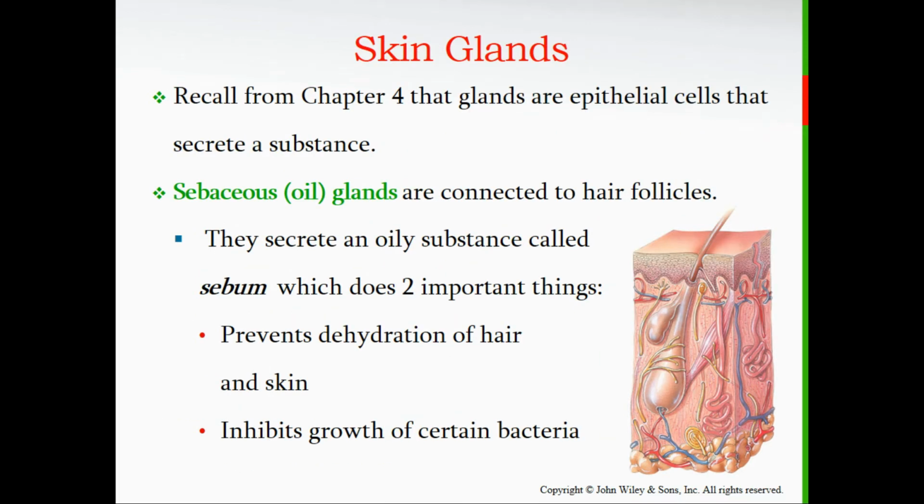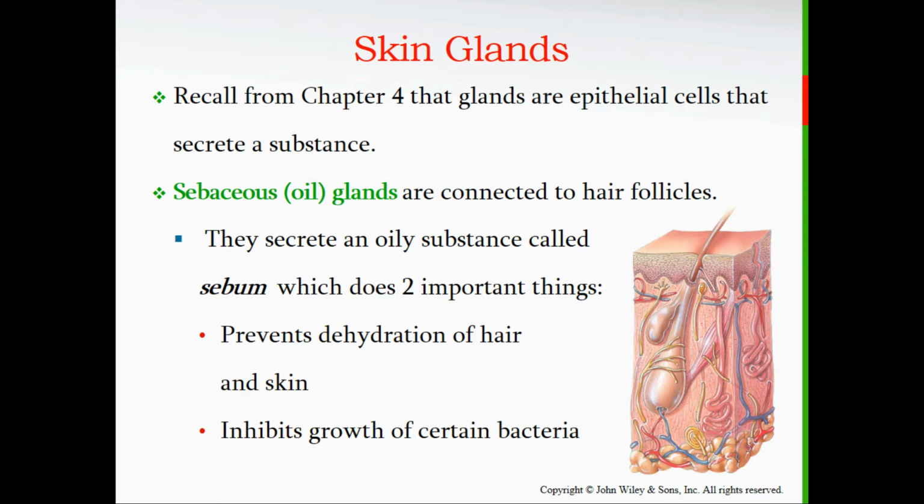Remember from chapter 4 that glands are epithelial cells that secrete a substance. You have a couple different glands that you're going to find in the skin, and sebaceous or the oil glands are always connected to the hair follicles. And they secrete an oily substance called sebum, I mentioned a couple slides ago, which does two important things.